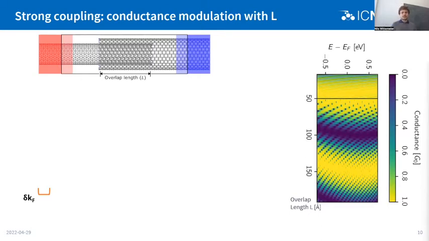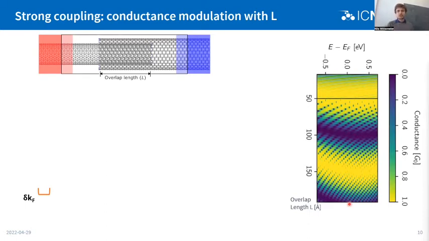And this is actually quite a large change in the overlap that is needed to tune from one of these regimes into the other. It's about 50 angstrom to go from no transmission to full transmission, and then another 50 to go back to no transmission. So there's an oscillation with a period of 100 angstrom. So we are already looking at effects that happen in the mesoscale and no longer at the nanoscale.